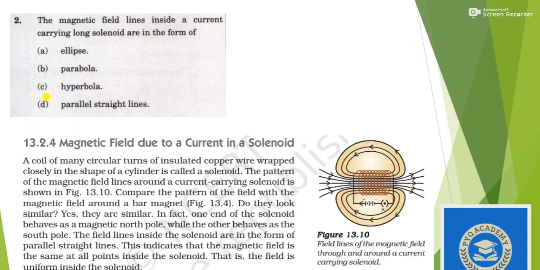Let's move to the second question. The magnetic field lines inside a current carrying long solenoid are in the form of. This is asking about the magnetic field lines inside a solenoid. This image I took directly from the NCERT, from chapter 13, class 10, the magnetic effect of electric current.